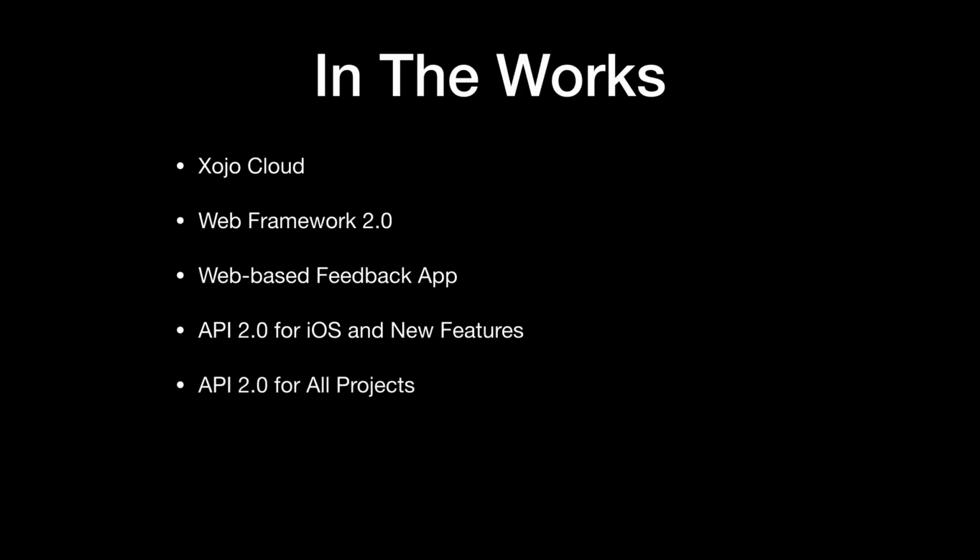We've got API 2 coming for all project types, as you've seen in my presentation, and you'll see more in the videos that accompany this in the XDC 2020 playlist. And we've got a big update with Android. And last but not least, we've got multi-core support coming as well. So those are the big new things coming right now. Several of these are things we've been working on for several years, and we're really happy to start to finally see the light at the end of the tunnel, which is really great.